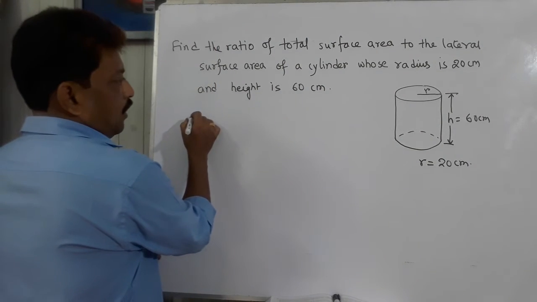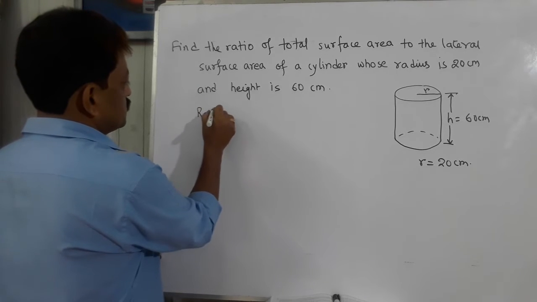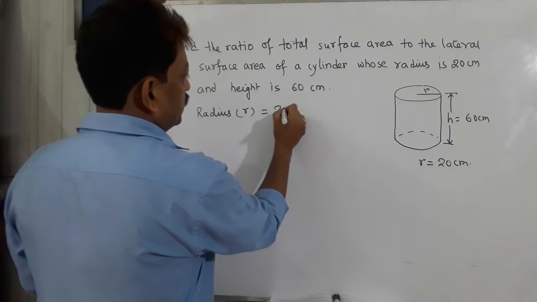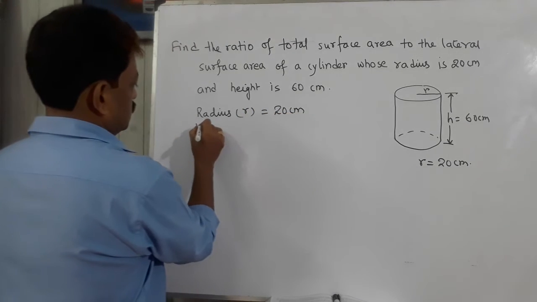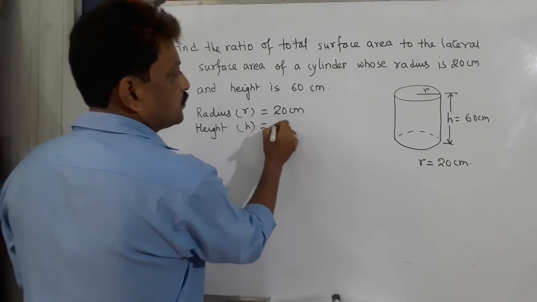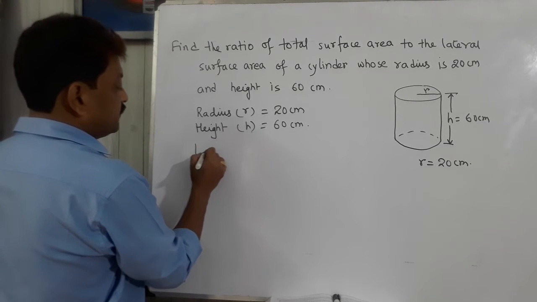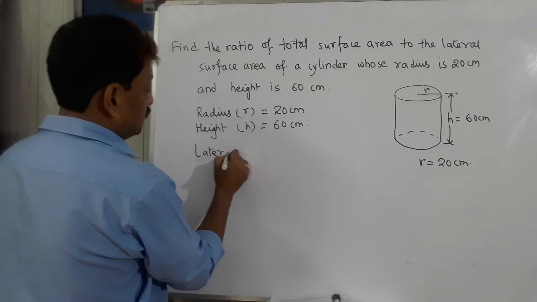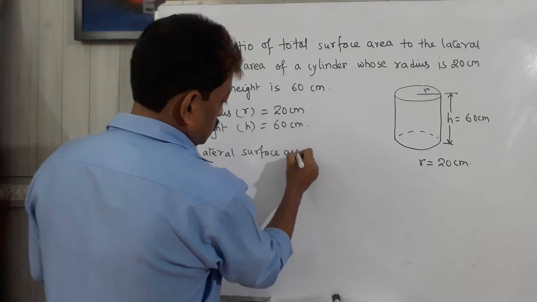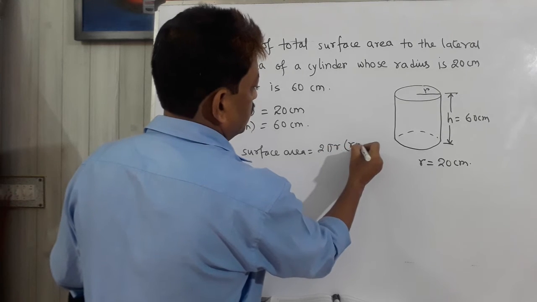Now radius r is equals to 20 centimeter, height h is equals to 60 centimeter. So lateral surface area means here the curved surface area. Lateral surface area equals to 2 pi r h.